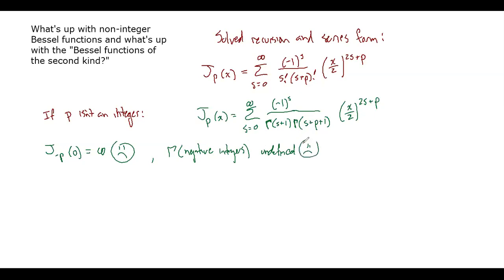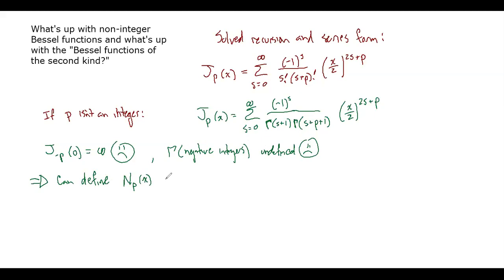That's an issue. And so what people have found is that there are Bessel functions of the second kind, also called Neumann functions. And I don't think it's going to be helpful for us to go through the argument in total. So we're going to define these things, and it turns out they fix a lot of these problems.